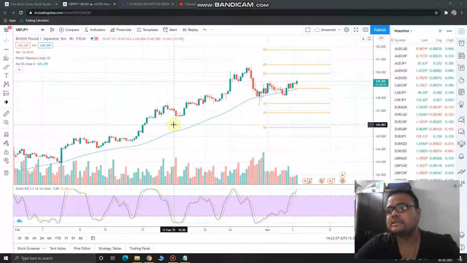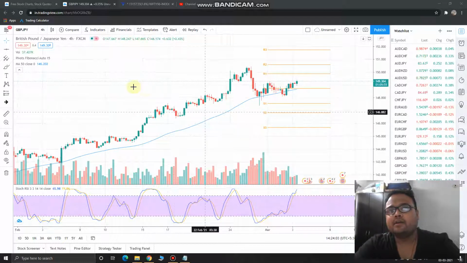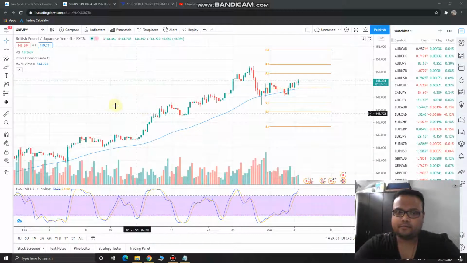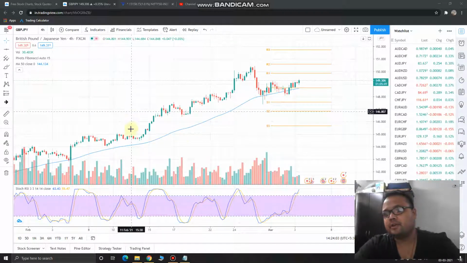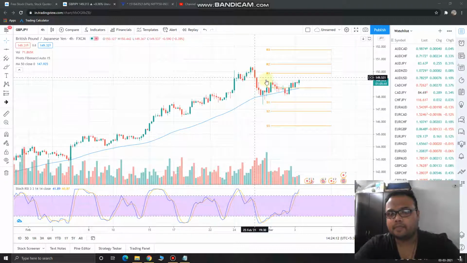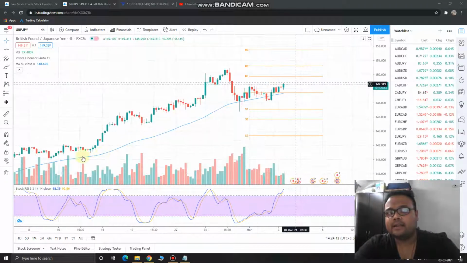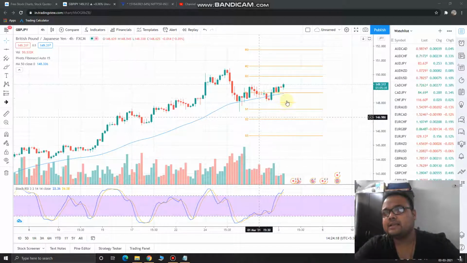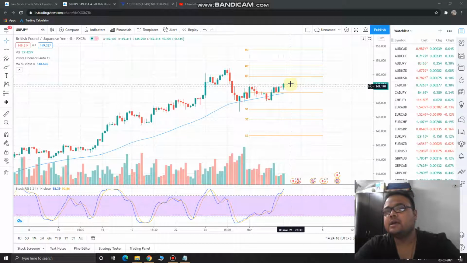Okay, so simple strategy. Actually, whenever market is trending, or market is in an uptrend or a downtrend, then the strategy becomes very simple. And it is beautifully following the 50 moving average also. So in that case, it becomes easier to initiate a position just above the 50 moving average.